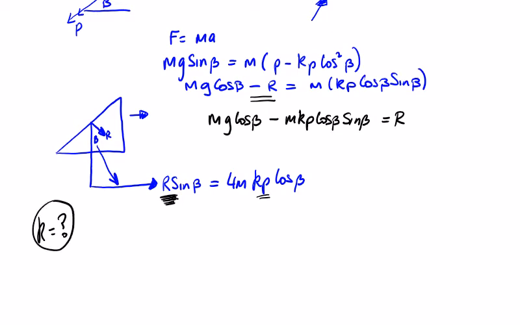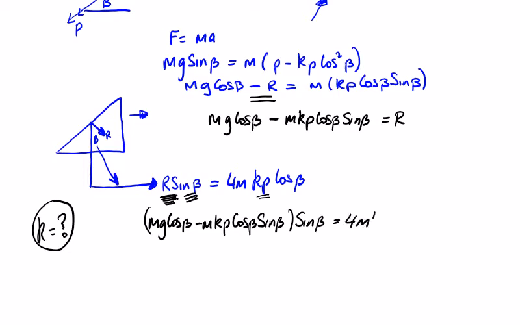So let's replace that R with mg cos beta minus mkp cos beta sine beta. That's R, and we'd have to multiply that by sine beta, and that's going to be equal to 4mkp cos beta.